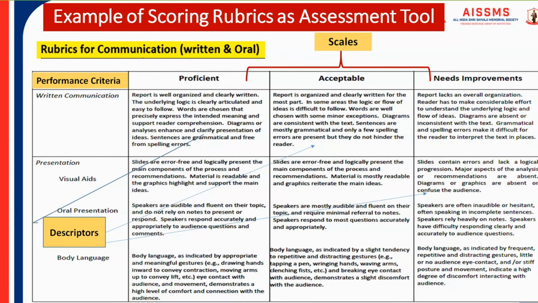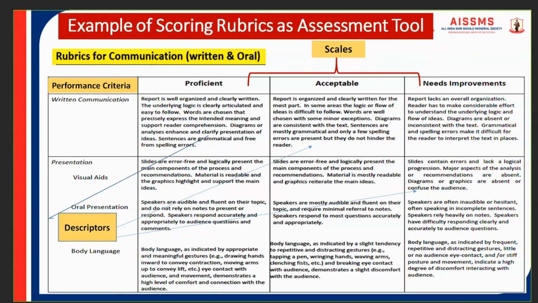So this is regarding rubrics for communication, where we are talking about the written and the oral skills of a student. So the performance criteria includes the written communication, then his presentation, where we have the visual aids and oral presentations, how he is using the visual aids, how his oral presentation is, and his body language.